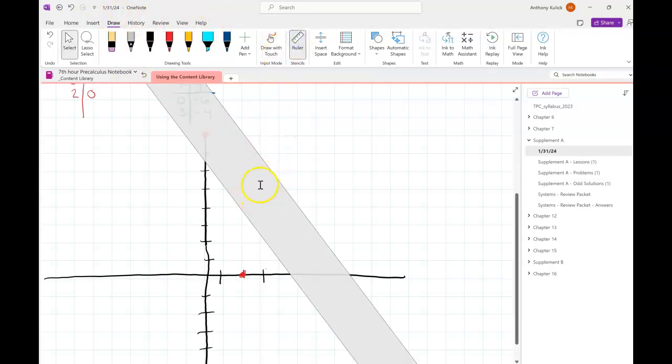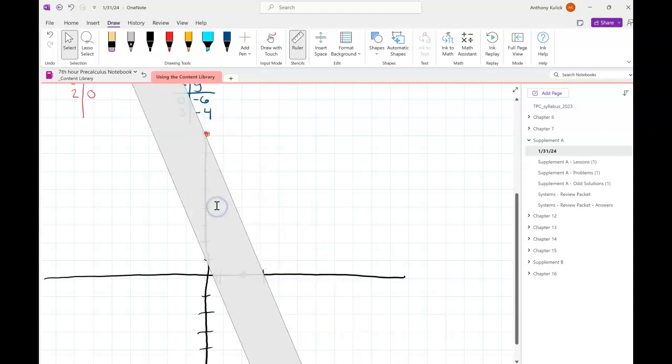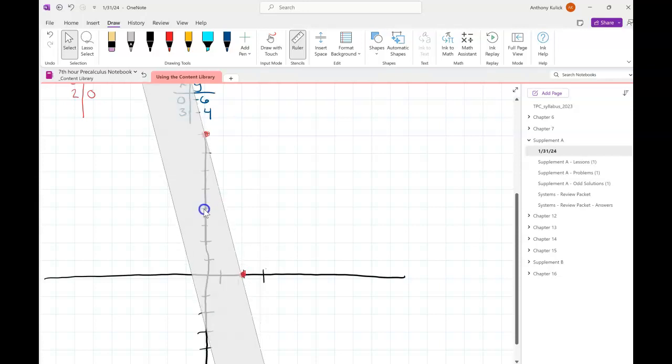Grab my ruler then. Okay, that seems about right. Draw my line.